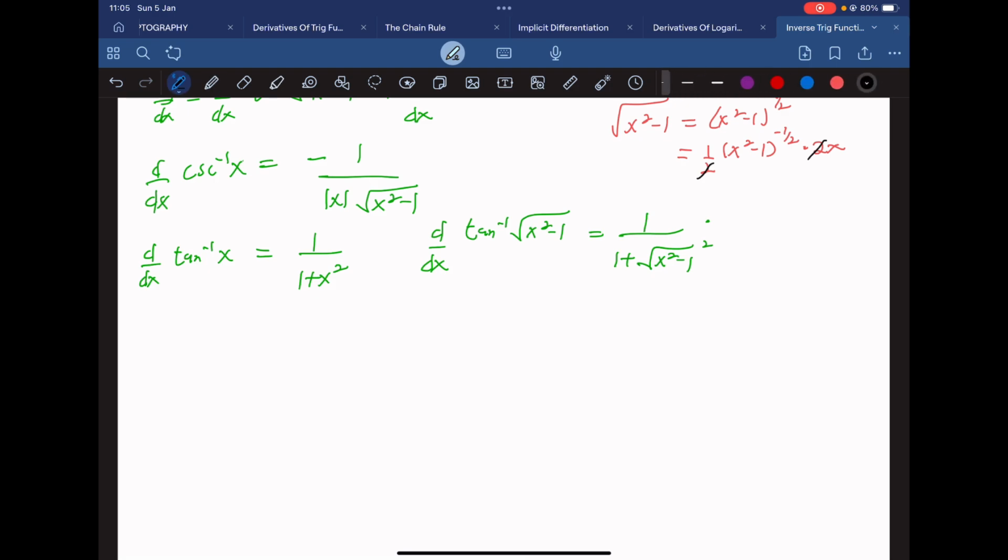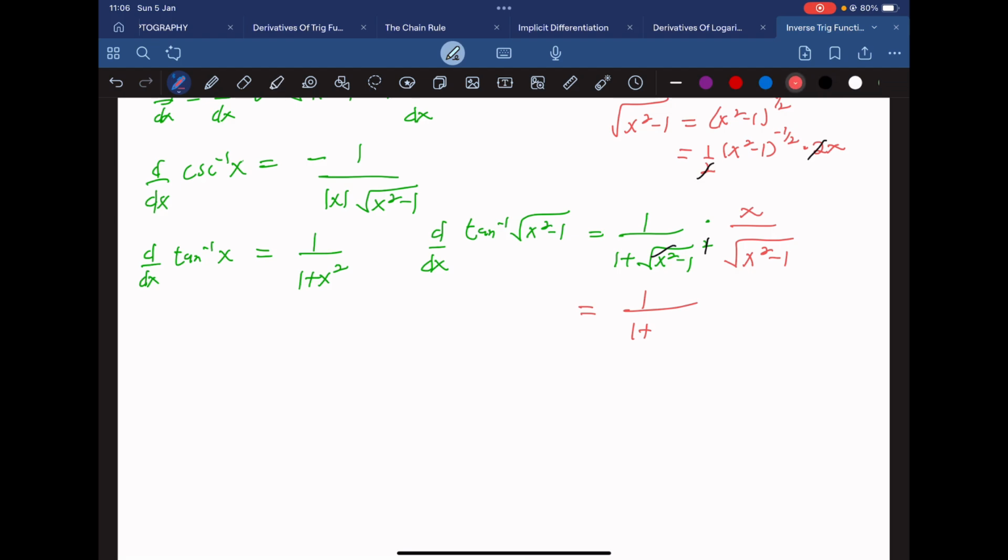So we have to multiply everything we've written over here by what we got over here. So we have x multiplying x squared minus 1 all to the power of negative half. So we can rewrite that as x over root of x squared minus 1. So this just simplifies to 1 over 1 plus, remember, this square will cancel the square root.